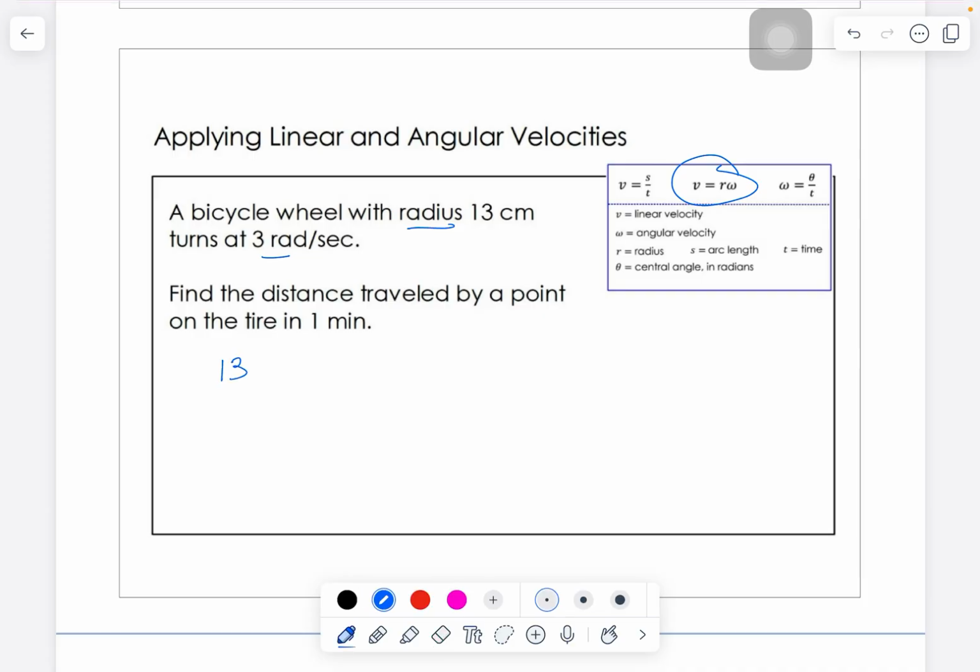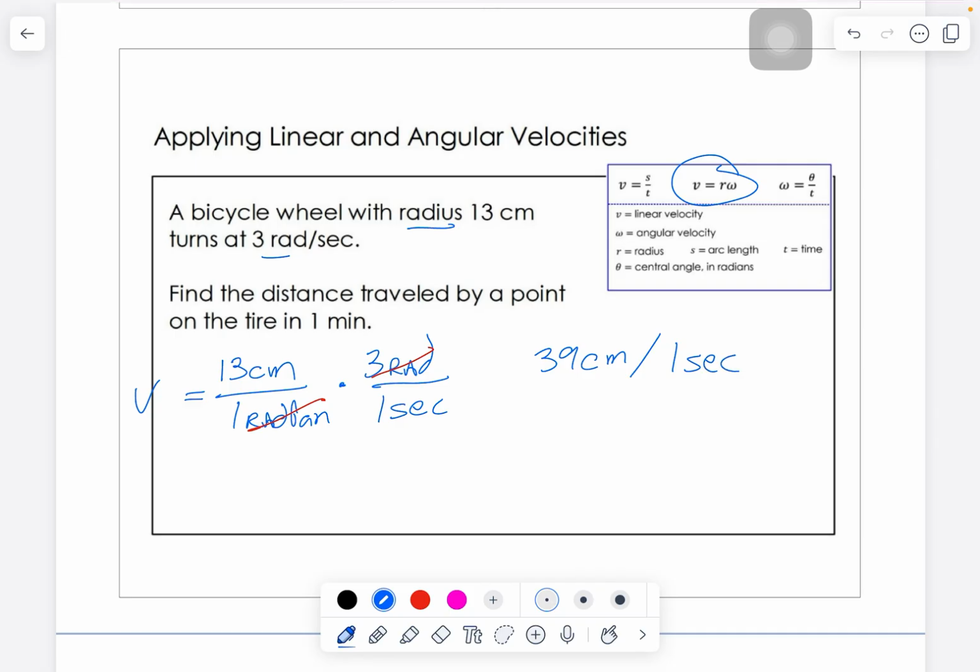Remember, that's 13 centimeters for the radius, over 1 radian. So when I multiply by the angular speed of 3 radians per 1 second, I cancel out the radians, and I'm left with 39 centimeters per 1 second.